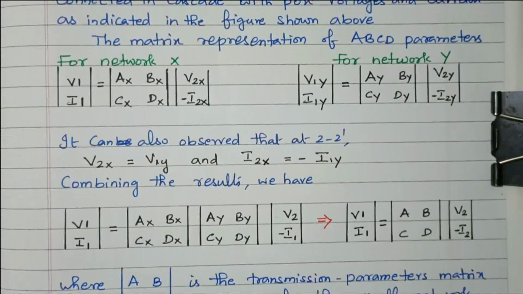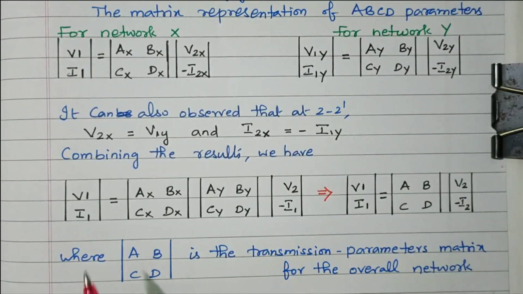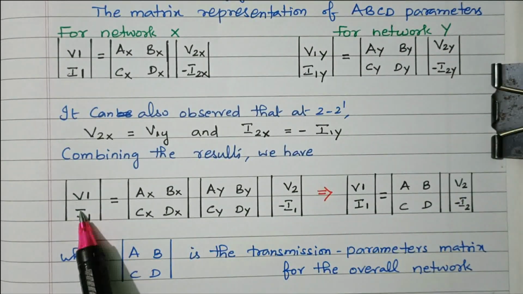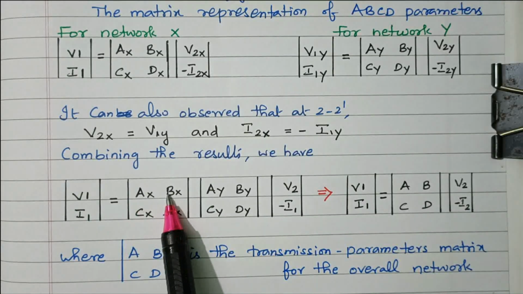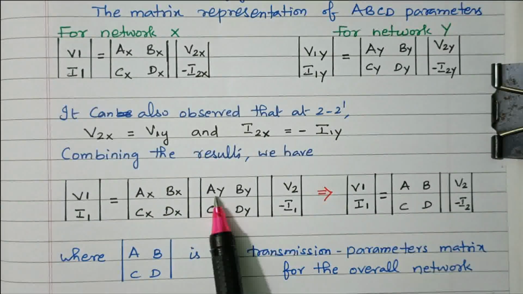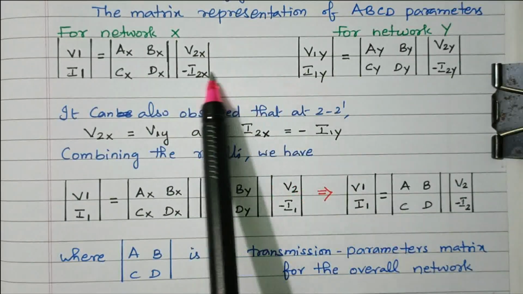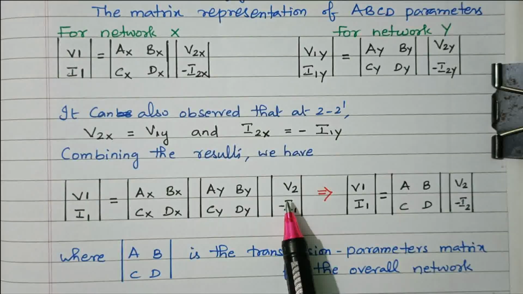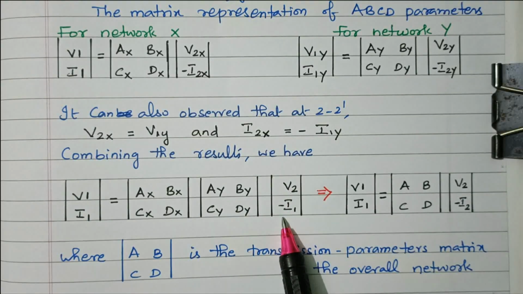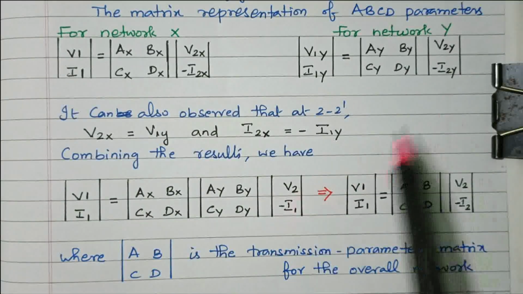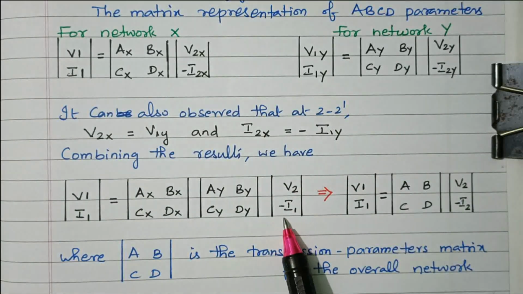So while combining, what is the resultant matrix? We have V1 I1, this is the input. Then AX, BX, CX, DX and AY, BY, CY, DY. Both are multiplied, this and this multiplied, because these two are equal. And the final output is V2 and minus I2. I already told you, V2Y can be written as V2, and minus I2Y as minus I2.